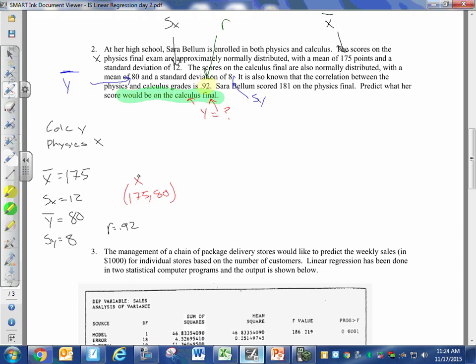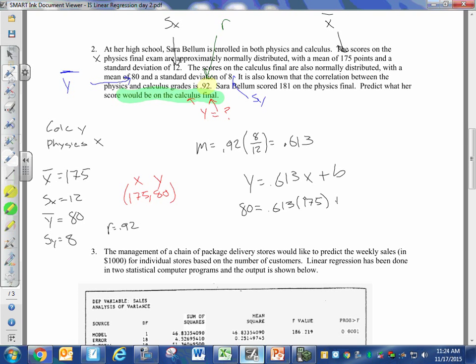You can use this as an X and a Y in your equation to find B. Y equals mx plus b.